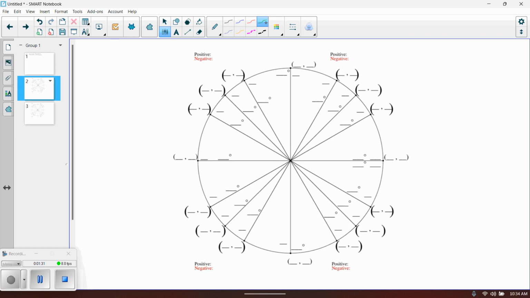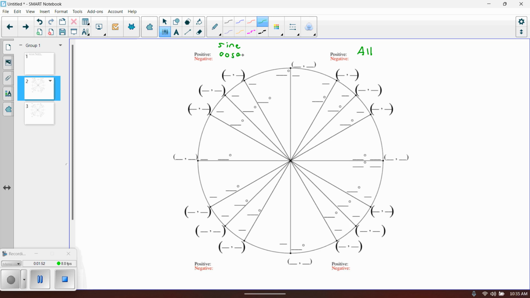Remember, this is basically like we're on an XY axis here. In the first quadrant, all trig functions are positive. In the second quadrant, you've got the sine and therefore the cosecant.